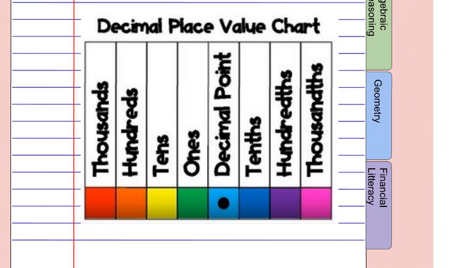So if we have something that is tenths, so 5/10, when we write tenths, it's some number over 10 as our fraction. When we have hundredths, it's something over 100. And when we have thousandths, it's something over 1,000. So it's super, super, super important that we know our place values of our decimals so that it makes it a lot easier for us to be able to turn these decimals into fractions.